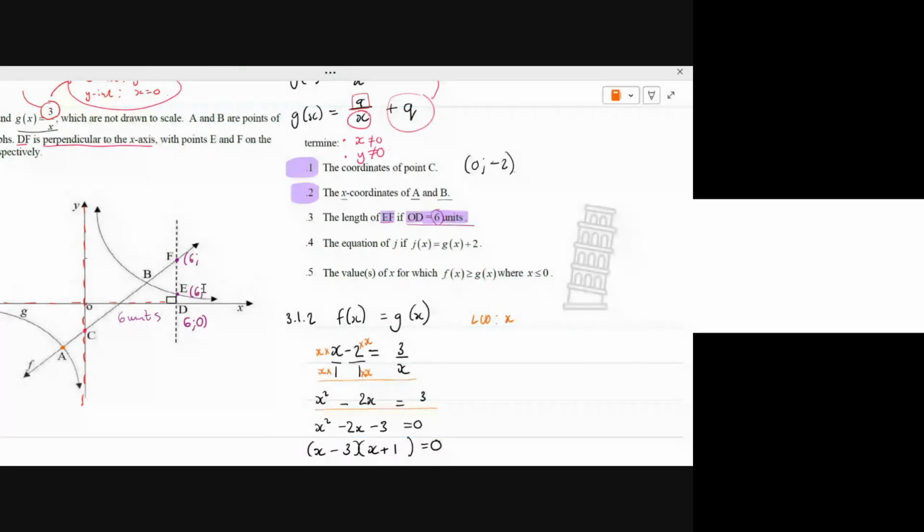This is 6. Good. So when they want the length of EF, they're not talking about the length from the x values. They want to know the difference in the y values. Like how high up is that part of my graph? Okay. All right. Are we okay with that?